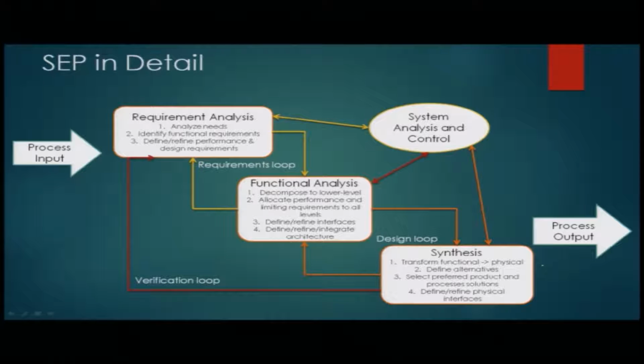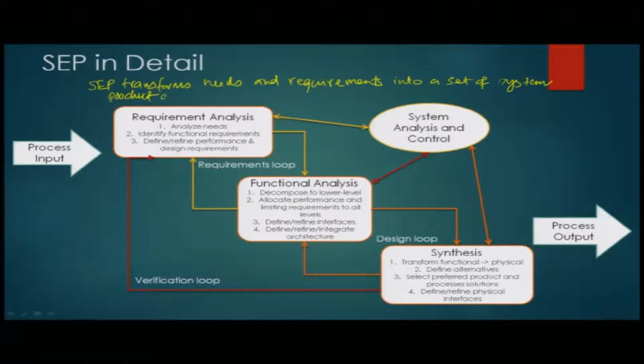So, if we discuss this in a simple sense, the systems engineering process, SEP, transforms needs and requirements into a set of system product and process descriptions.